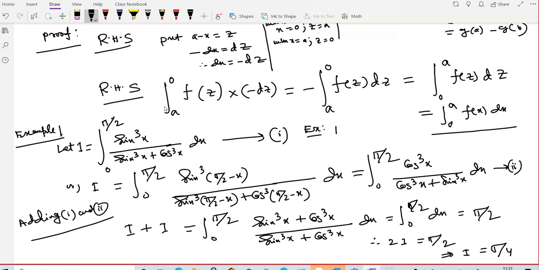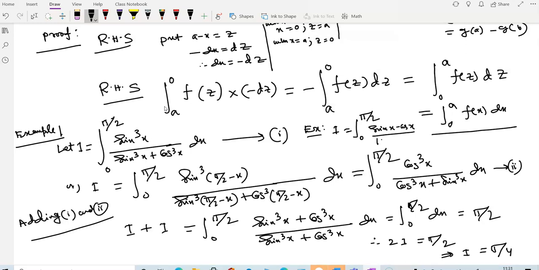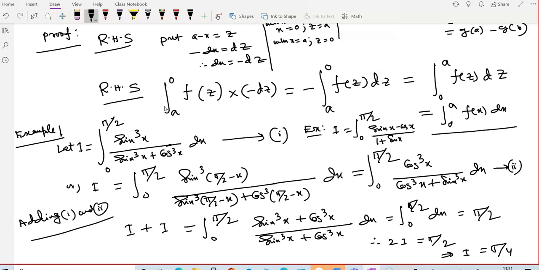This is I equal to the integral from 0 to pi by 2 of (sin x minus cos x) by (1 plus sin x).